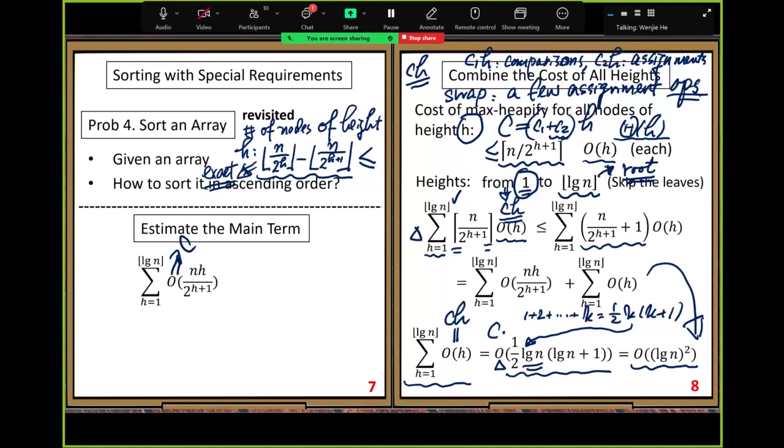Then in this summation, we need some technique. Let me monitor the time, I need to control it so as not to spend too much time. Let me go a little faster.